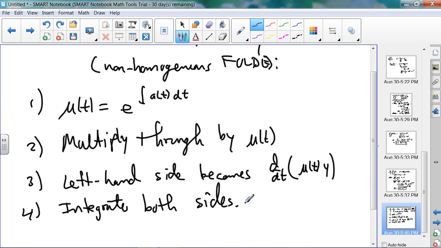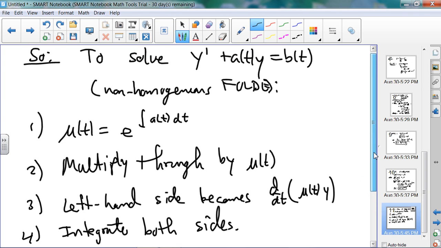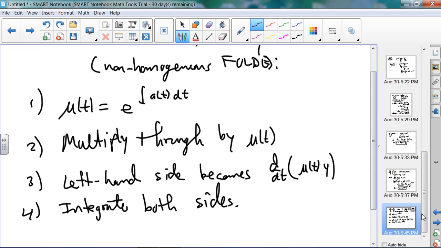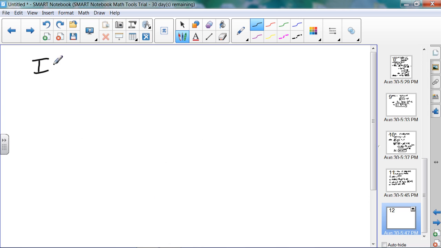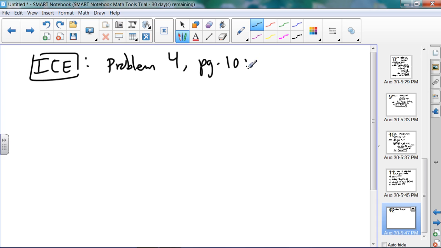All right, so that's our technique for solving non-homogeneous first-order linear equations. And let's see how much of this makes perfect sense and try an in-class exercise. This is going to be problem 4 on page 10 of your textbook. In case you don't have that in front of you, let me just write this up for you.